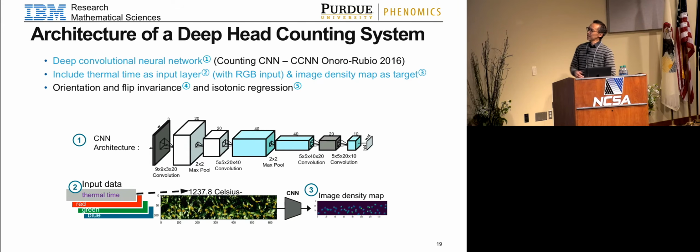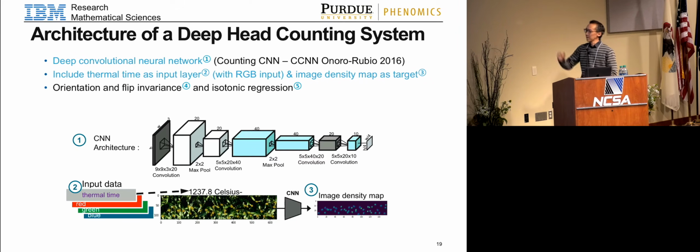Okay, here's the architecture of our deep learning-based system for panicle head counting. The first aspect of it is that it is a rather standard CNN, convolutional neural network architecture for counting, and we make use of that.